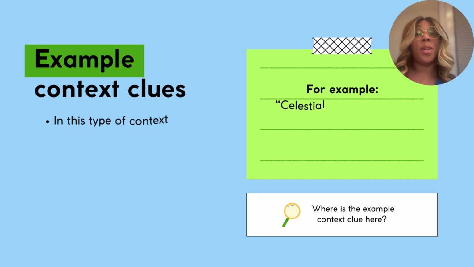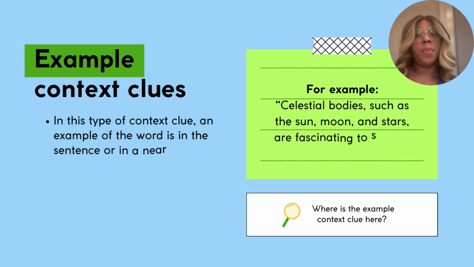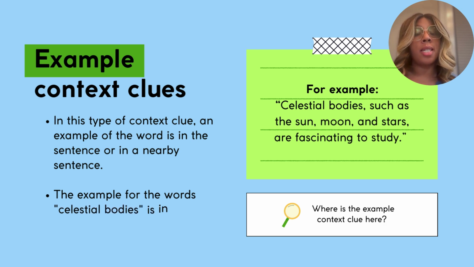And last, we're going to take a look at example context clues. In this type of context clue, an example of the word is in the sentence or in a nearby sentence. For example, the word celestial bodies in this sentence has examples. Let's take a look.